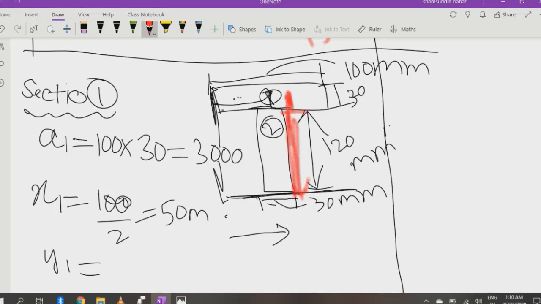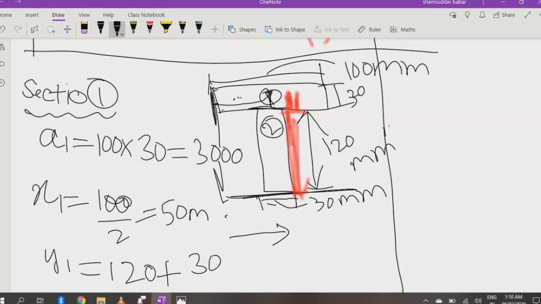So first this distance, then this half distance. My total distance above is 120 mm plus the center of gravity of this section, 30 by 2. So this distance will be 135 mm.